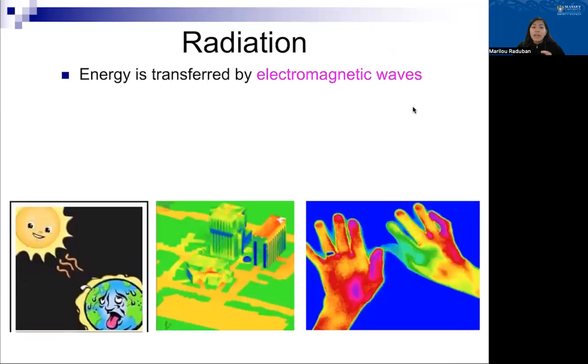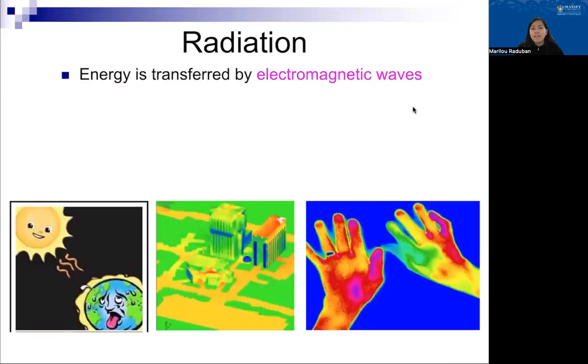Okay, so the transfer of energy via the electromagnetic waves is what we call radiation. So radiation, in short, is electromagnetic waves propagating through space, and as they propagate, they carry with them energy that's coming from the material.